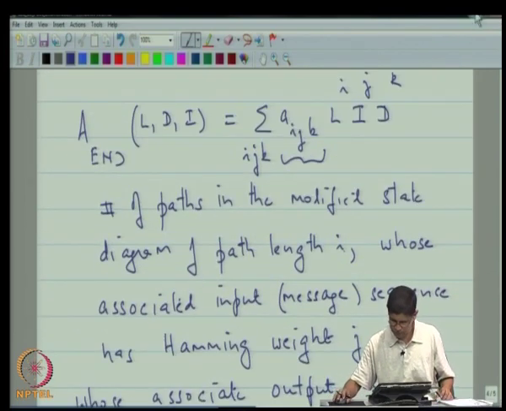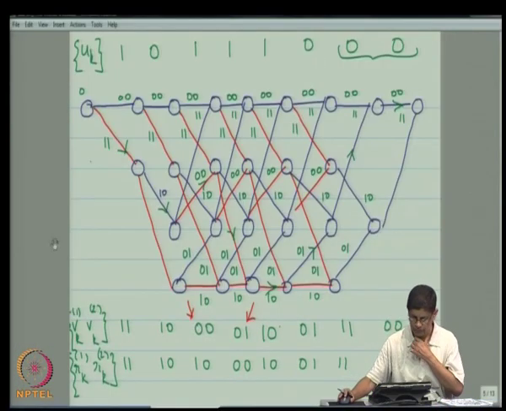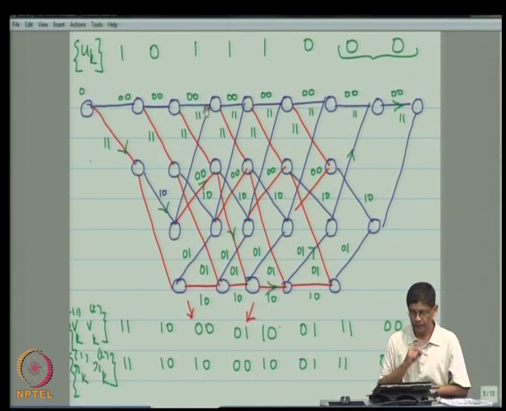Perhaps I should just show you an example. So let us go back to 7. Supposing I were to just look at this particular portion of the trellis, now I have a path that starts from the all 0 state and goes back to the all 0 state. So this could be your start, that could be the end.